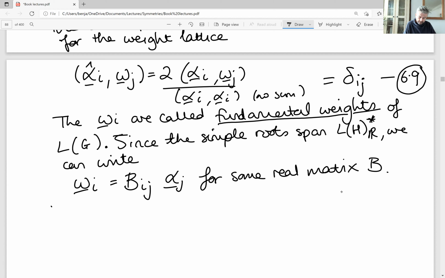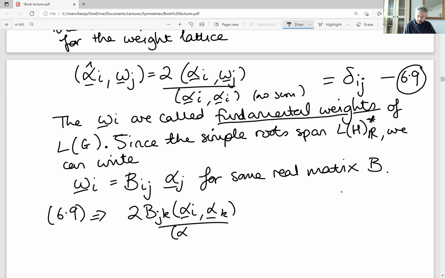So 6.9, if we take the middle term in 6.9, we just substitute in for w_j, we get that 2 B_jk times the inner product of alpha_i with alpha_k over the inner product of alpha_i with itself is equal to delta_ij.